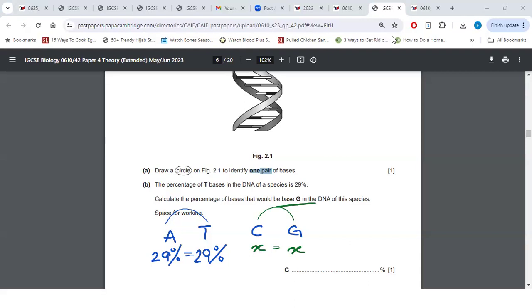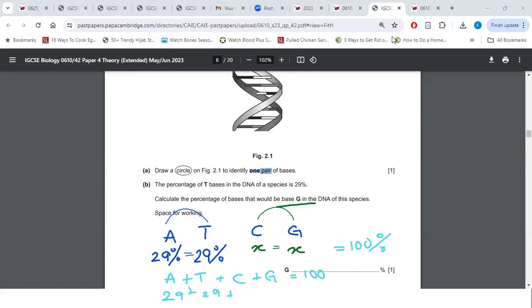Now, we know that the total has to be 100%. So we will solve for X. Adenine plus thymine plus cytosine plus guanine equals 100%. Adenine is 29, thymine is also 29.